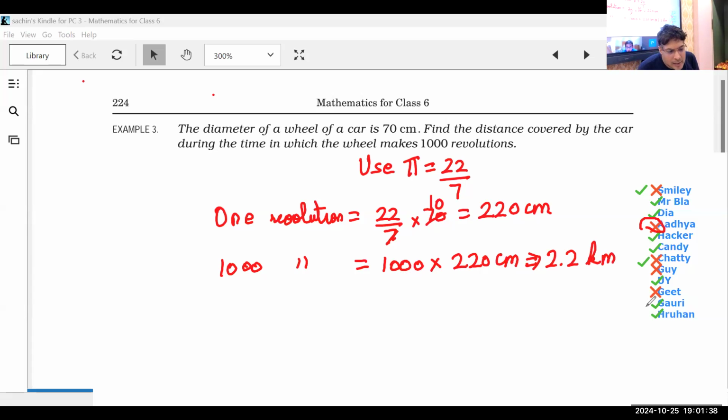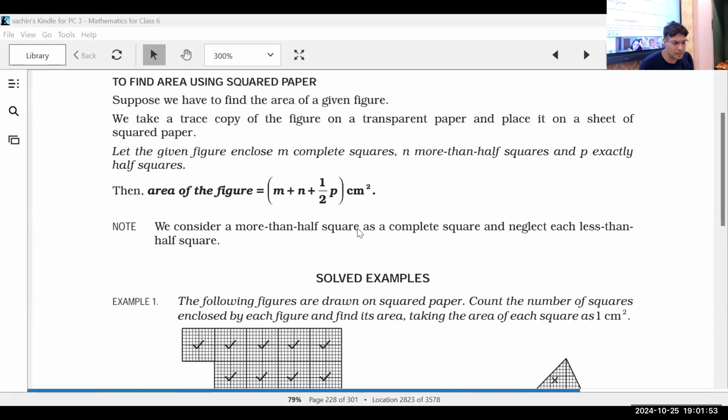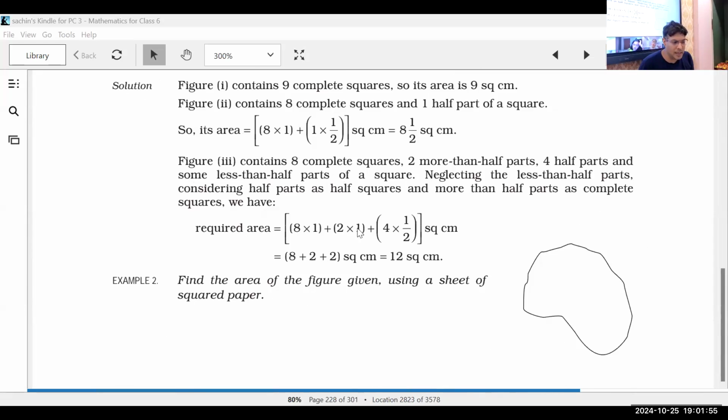So Adhya and Geet, understood? Yes or no? Yes, sir. Speak up. So now we will go to area.